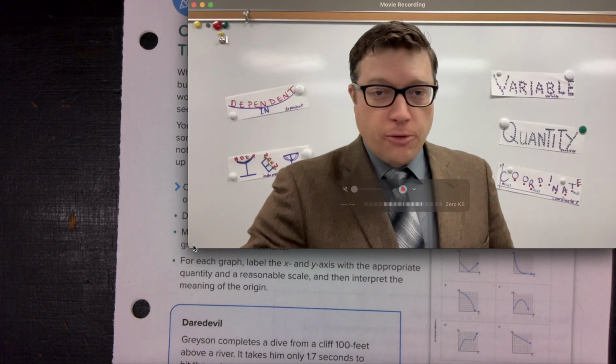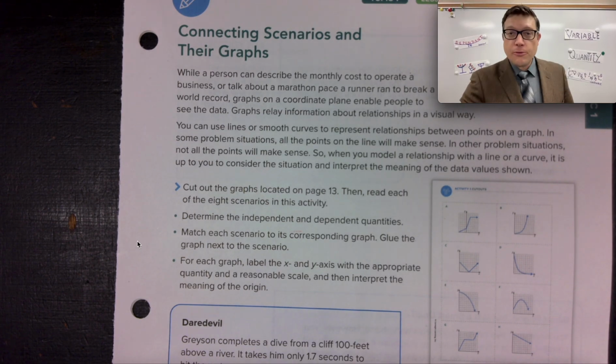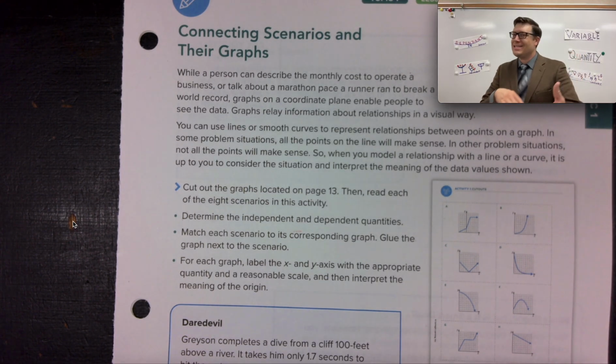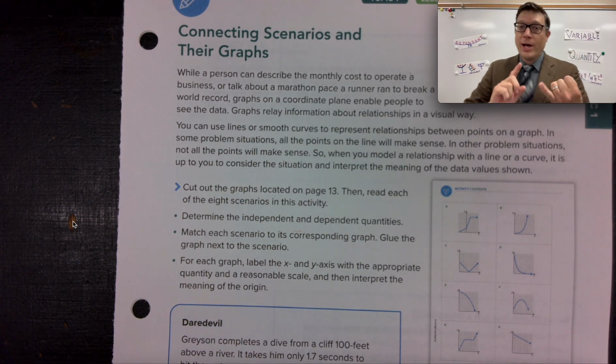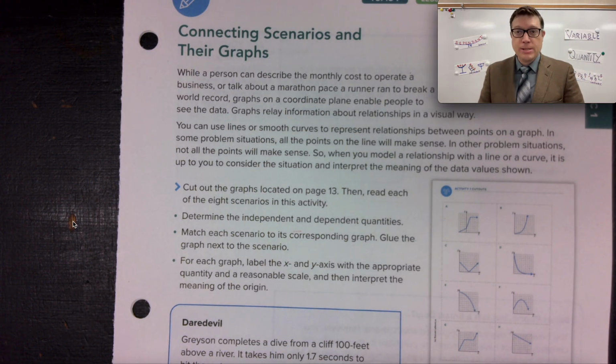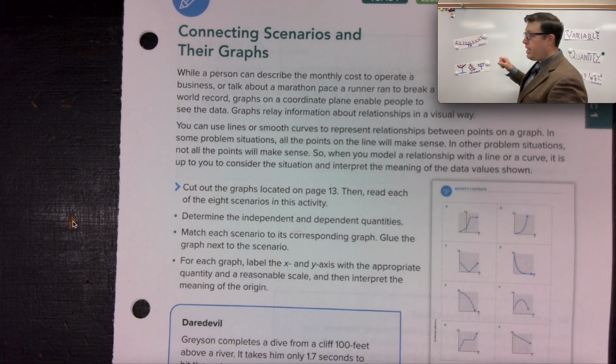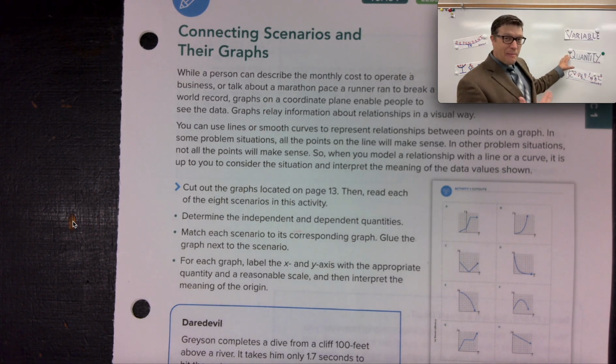An important skill for us, let's take a look at it. An important skill for us is to be able to read a situation, understand which quantity described is the independent quantity and which one is the dependent quantity. Of course, quantity is like a number, but you could also say the word variable.